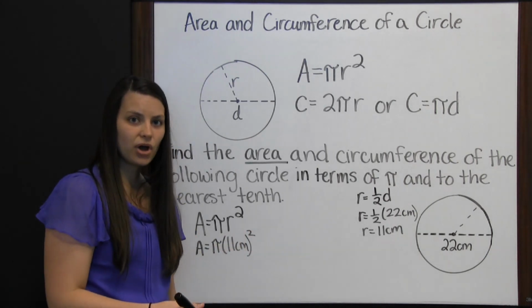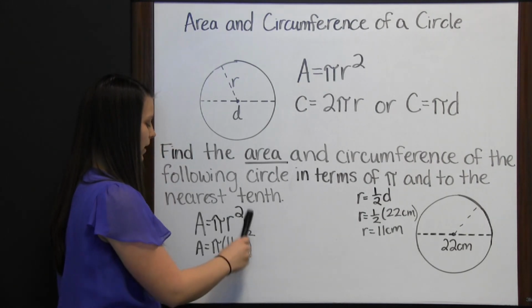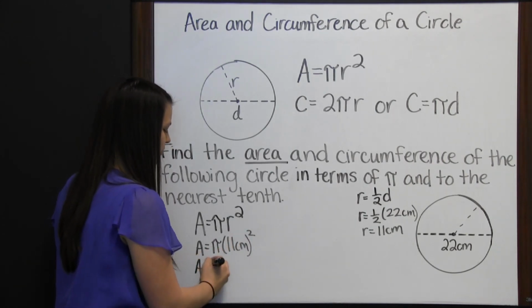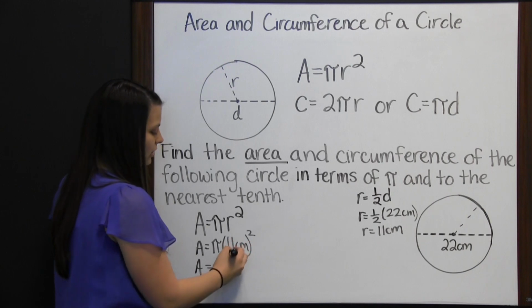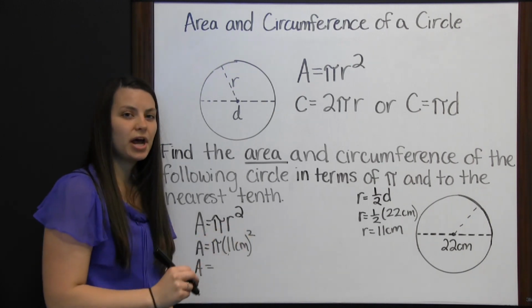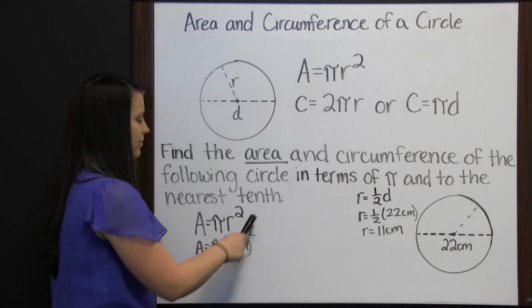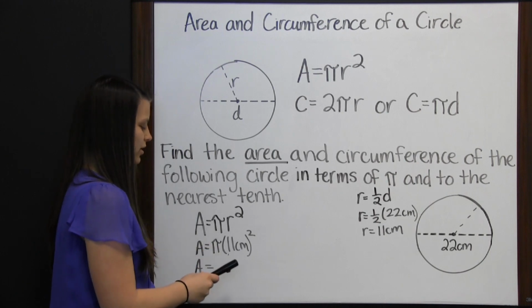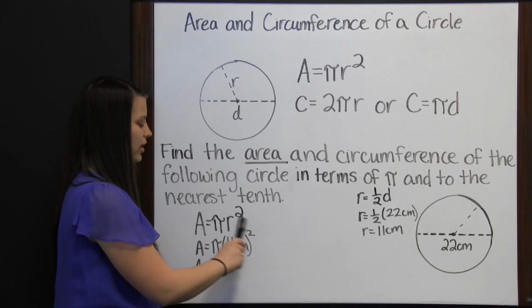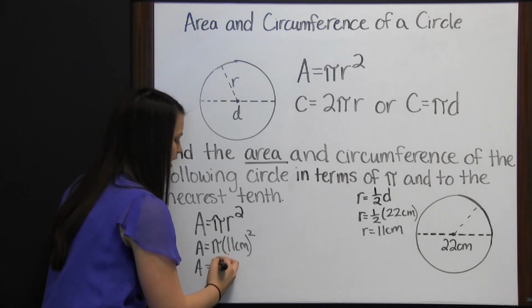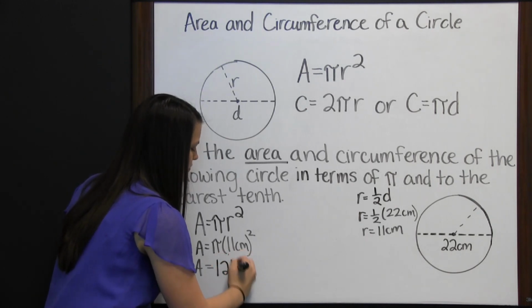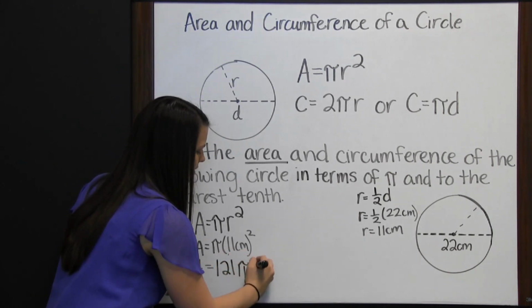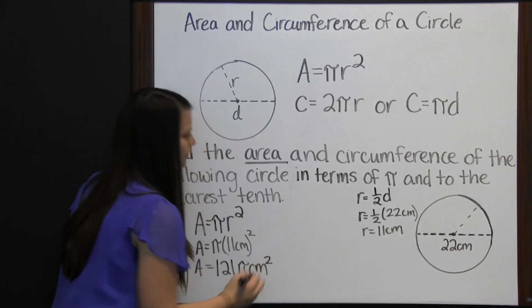We need to follow PEMDAS, so we need to square our radius first, take care of our exponents first. 11 squared is 121. Centimeters squared is centimeters squared. 121 centimeters squared times pi is 121 pi centimeters squared.